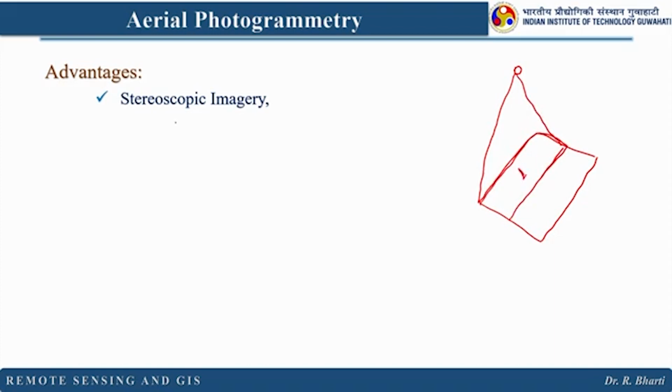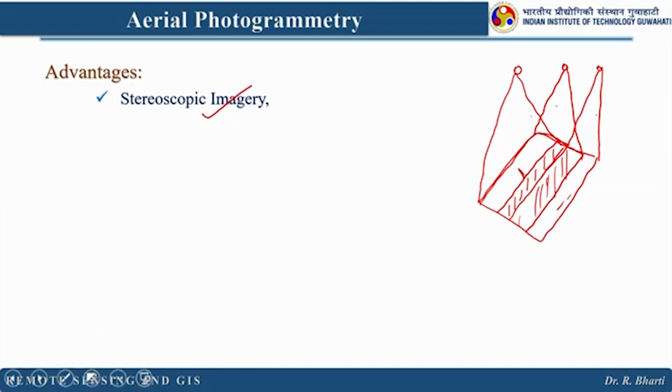Now, in the next scene it should have overlap, right. So, for the overlap reason you will have extra information captured from different position, right. Then you will have third image and here you will have this rest of the area. So, you can see this area has been captured by first, second and third image. So, like that if you have the overlap images, then they are known as stereoscopic imagery, right.